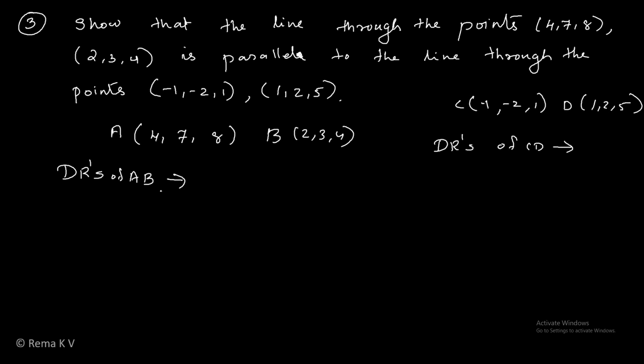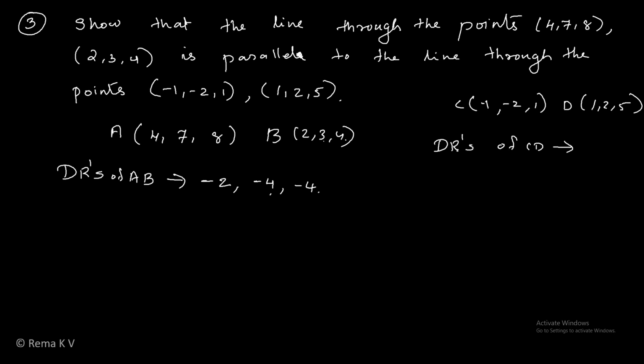Okay, the direction ratios of AB are 2 minus 4, it is -2, then 3 minus 7, it is -4, then 4 minus 8, it is -4. Okay, -2, -4, -4, right?